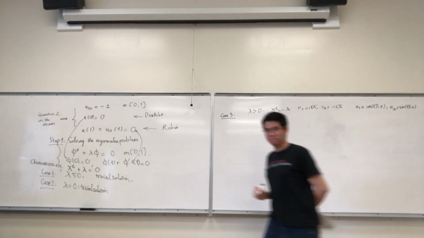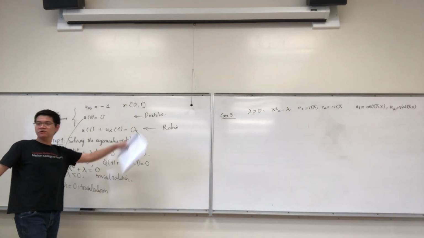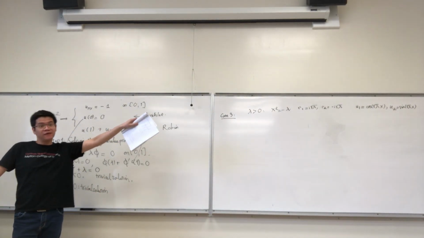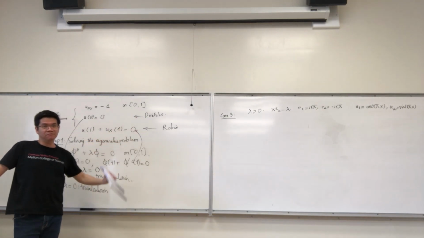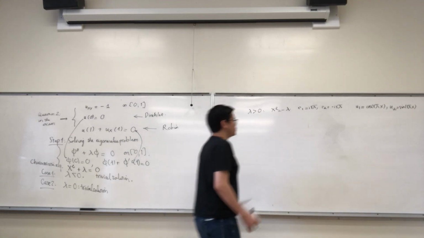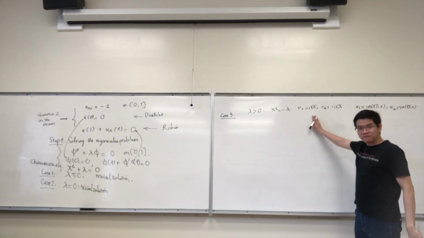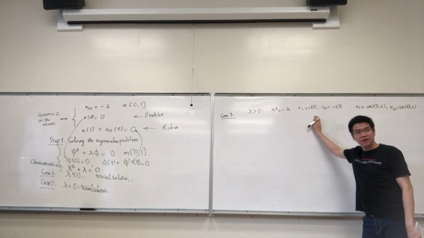All right? It's clear. So this is also in the formula that I gave you in the first lecture of this chapter. So you have 2 solutions associated to the roots of the characteristic equation.